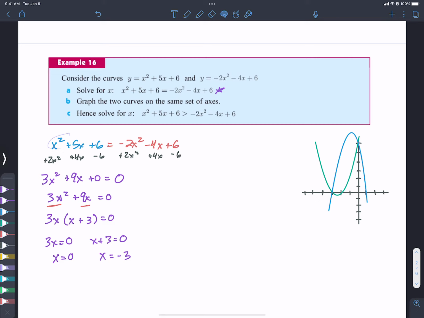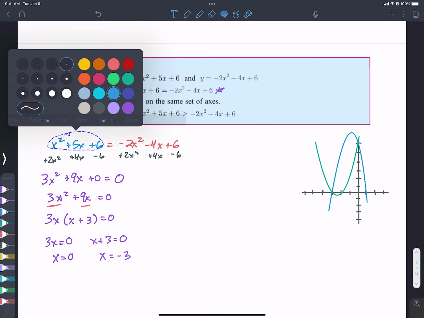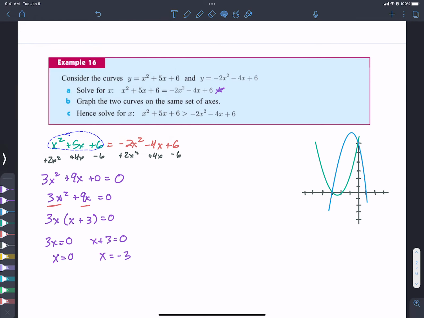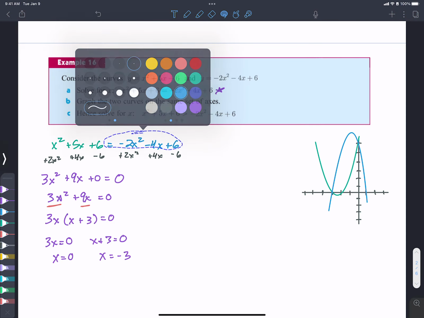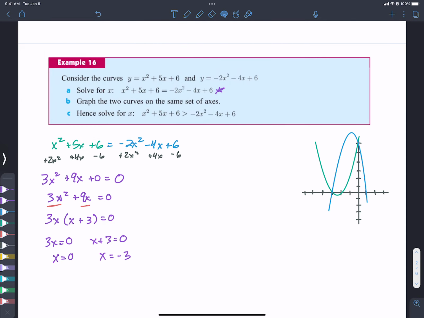Let's just take a second. We'll just swap out those colors just to keep these things lined up. And over here, we have our blue equation. All right, so we've got our two equations. So again, we have these two things lined up, our green equation here and our blue equation there.